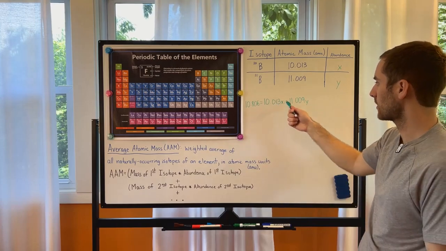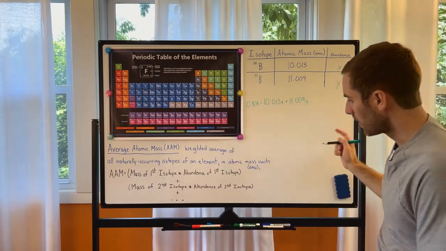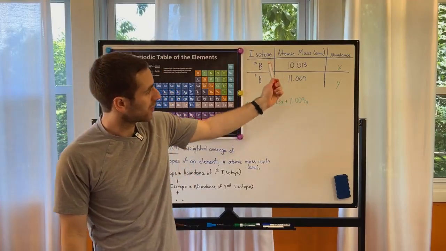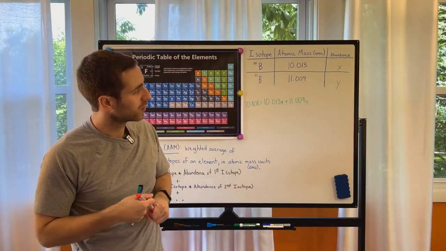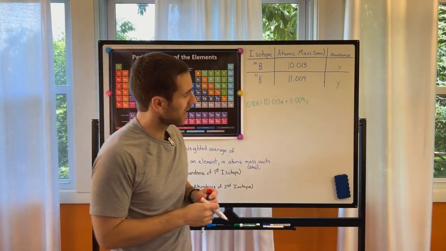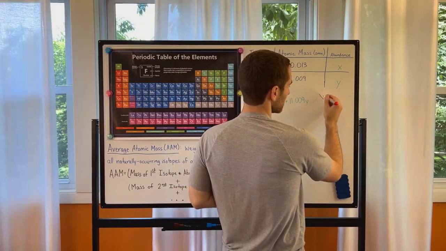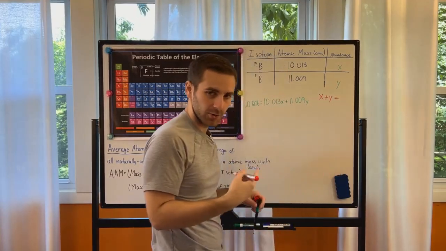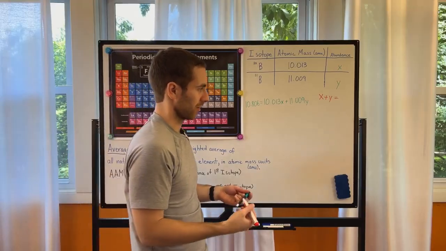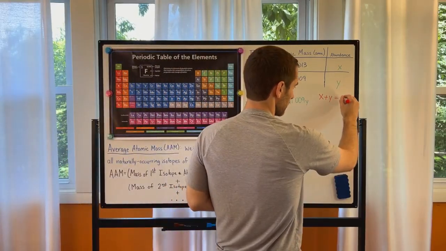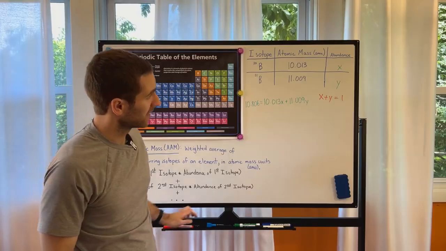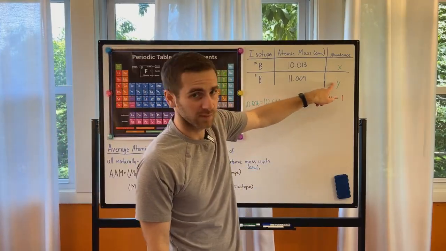Now, as I said, we have two unknowns here, X and Y, but because these are the only two isotopes of boron, their abundances have to add up to 100%, or as a decimal, to 1. So if this is 60%, this has to be 40%.